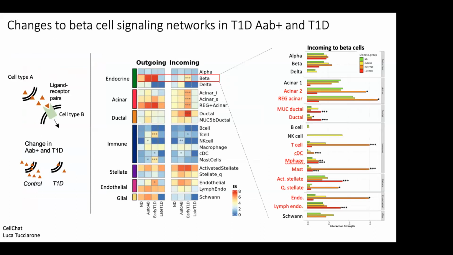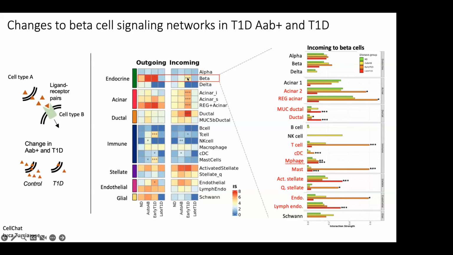And then you basically match up ligands and receptors from different cell types and then ask whether those relationships are changing in progression to disease. And so this is showing you at a high level changes that are both outgoing from specific cell types as well as incoming to specific cell types across disease states.